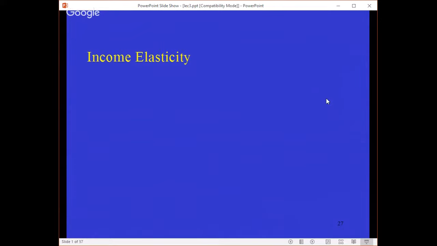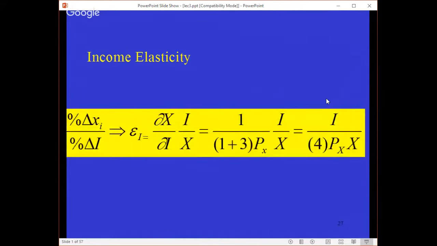Okay, I think we got it there, right? I take the partial of X with respect to I, and I multiply that by I over X. When I do that, I'll just call it 4, but it doesn't matter. In this case, that partial is I times a constant, because the rest of that stuff is not what we're concerned with.